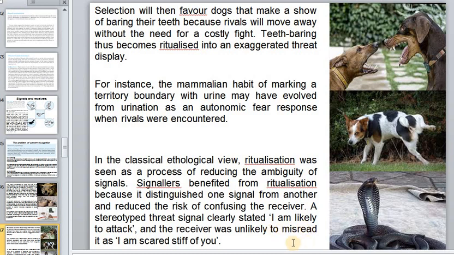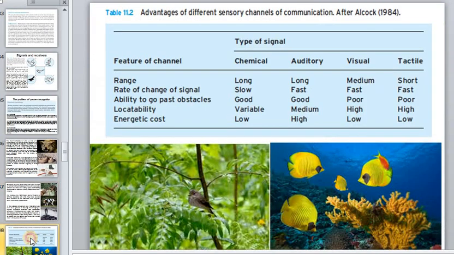A stereotyped threat signal clearly said I am likely to attack, and the receiver was unlikely to misread it. If it is, I am scared of you, here we don't understand what it means. But we know about this snake, what it means. It's a very strong position. It's ready for attack, and we understand it.